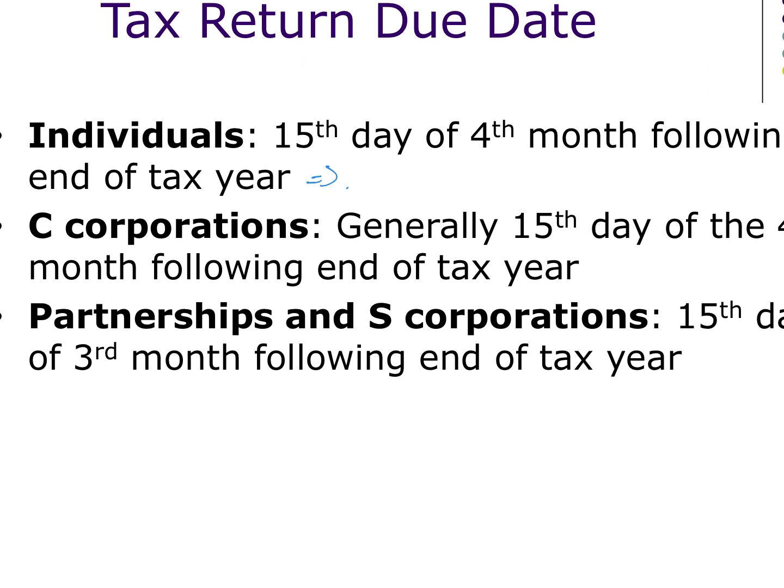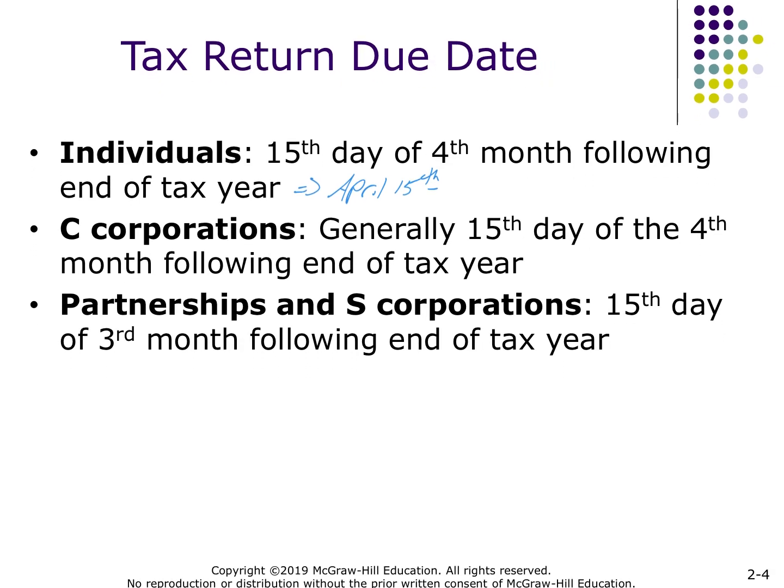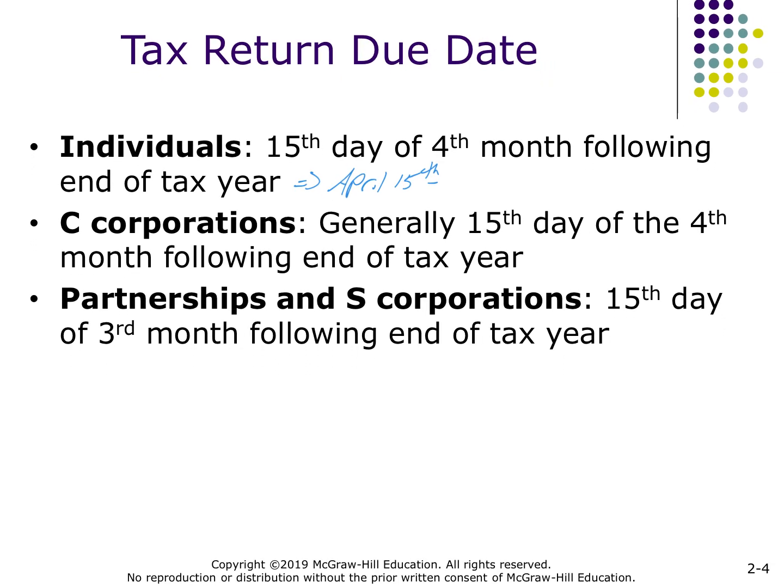Typically, that's April 15th, all right? Now, if April 15th happens to fall on a holiday or a Sunday, then it gets moved a day or two, okay? C corporations, generally the 15th day of the fourth month following the end of the tax year.